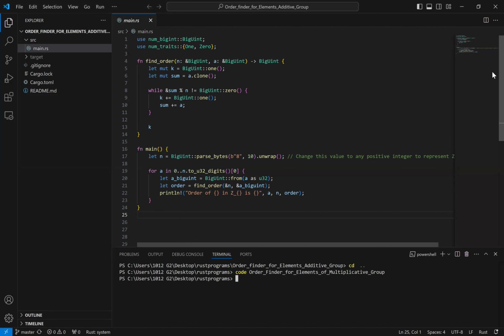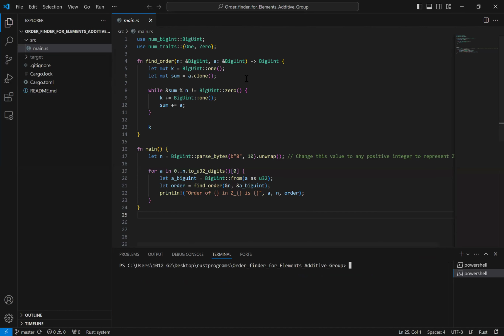Okay, this is my code, and this is the one I want to use to get the order of additive groups. I want to find out whether you can see it. Are you able to see this code? Yes. Okay, thank you.